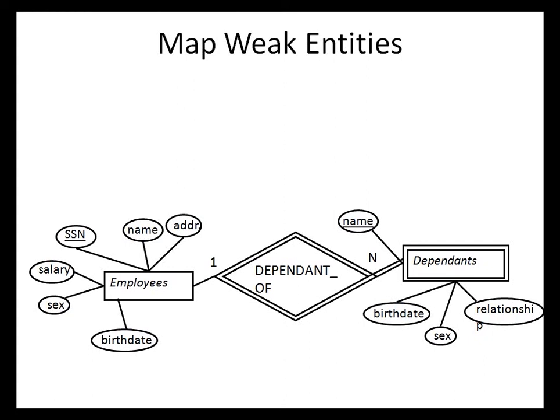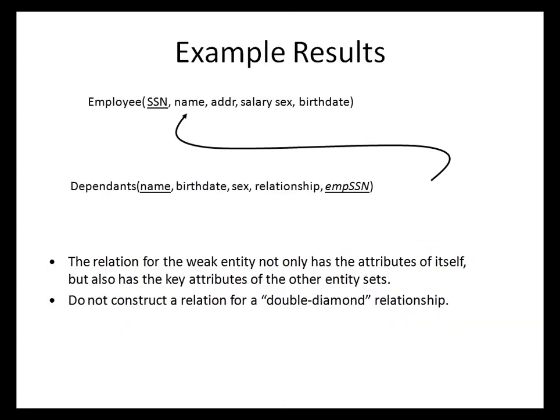This is a sample result. The relation for the weak entity has not only the attributes of itself, but also the key attribute of the other entity set. Do not construct a relation for a double diamond relationship.